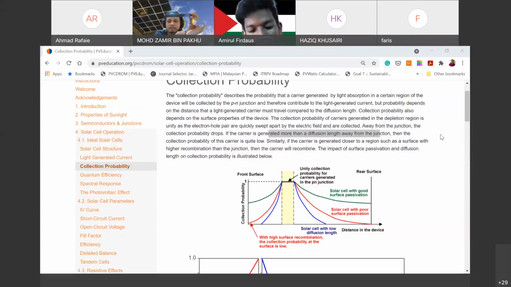So what I'm trying to say here is, by default, it's not possible to control the generation of the carriers to restrict the generation of the carriers to only one diffusion length away from the junction, L_e or L_h away. It's not possible, but if you think about it properly, it could be possible as well. How is it possible?